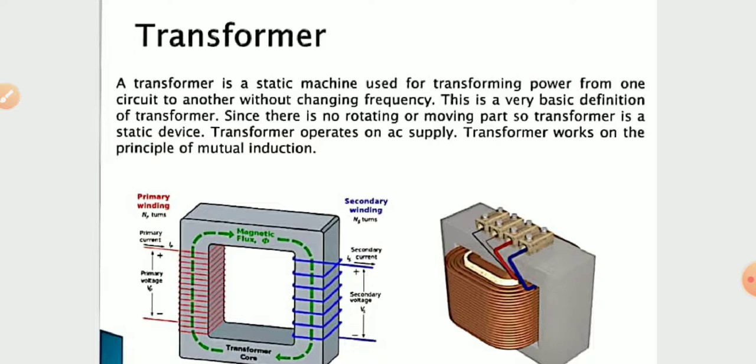What is the principle of mutual induction? You know very well, it is E equal to d phi by dt.